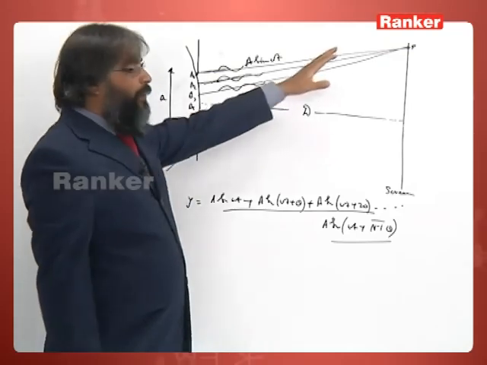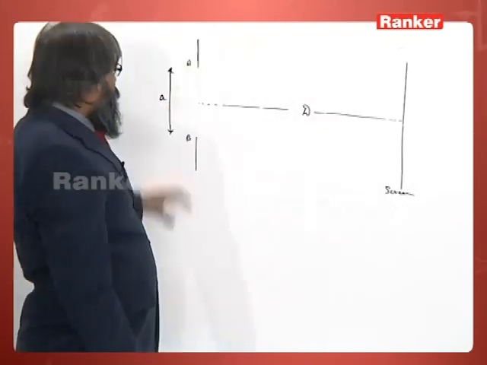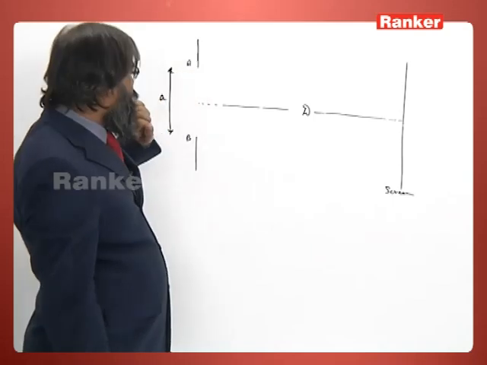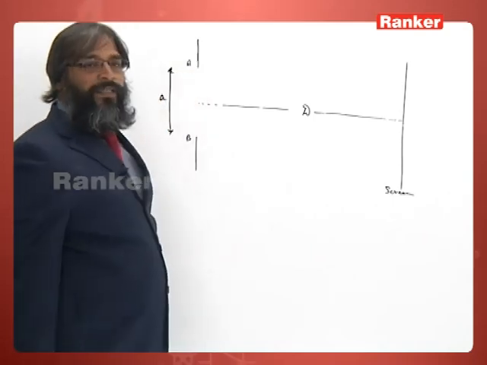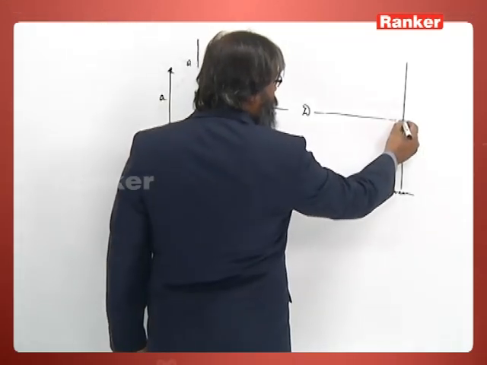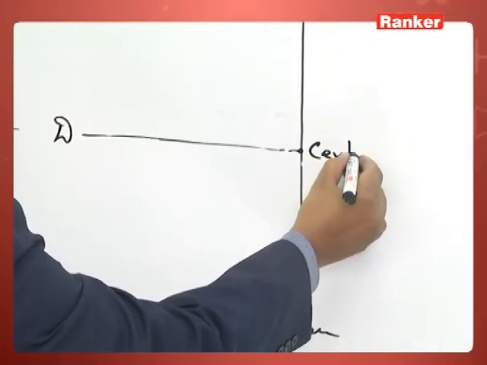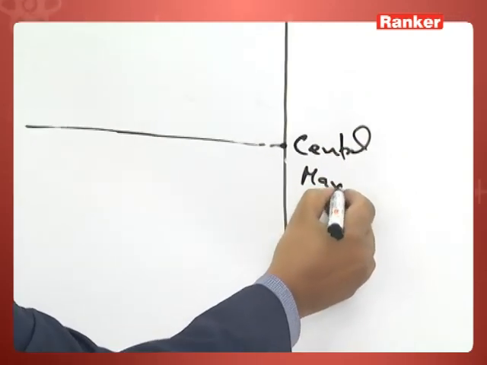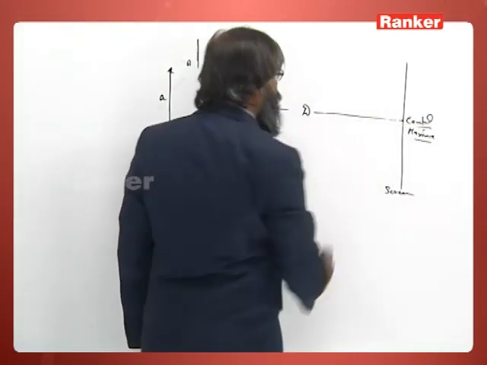In this way diffraction takes place. Now, this is my slit. Let us first see what happens at this place. This place is called the central maxima.